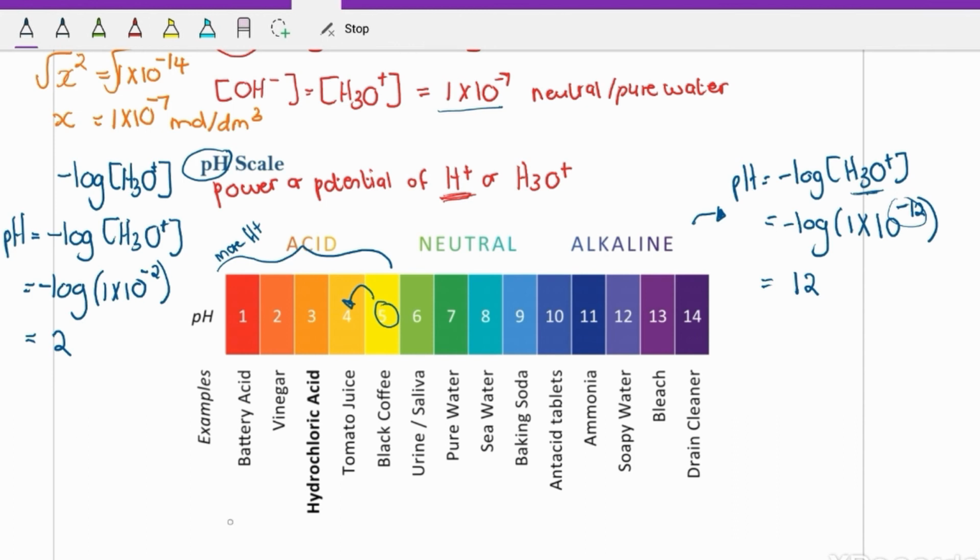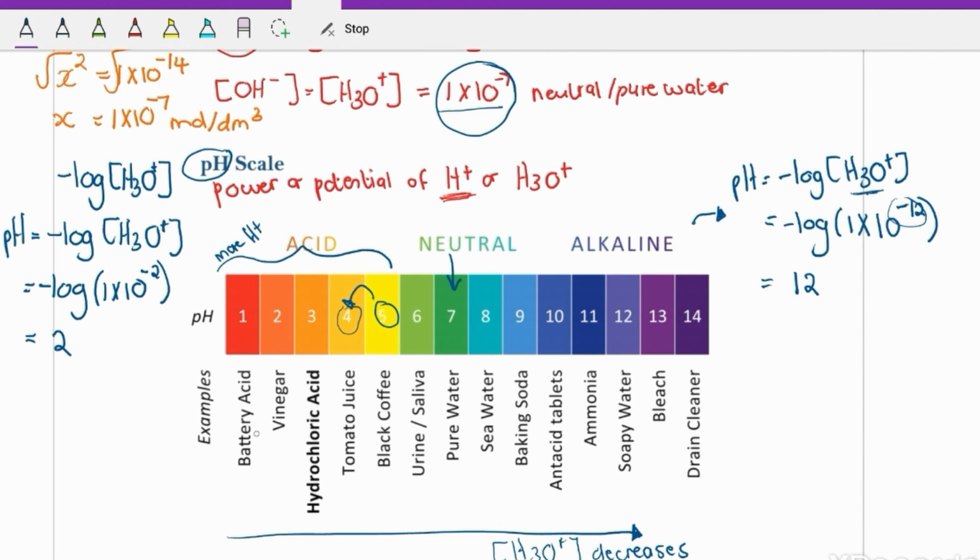And as you move from there to the alkaline substances on your pH scale, the hydronium ion concentration decreases. Okay, so just remember that. A pH of 4 will have 10 times more hydronium ions than a pH of 5. And here we talked about neutral, or pure water, that has a hydronium ion concentration of 1 times 10 to the negative 7.